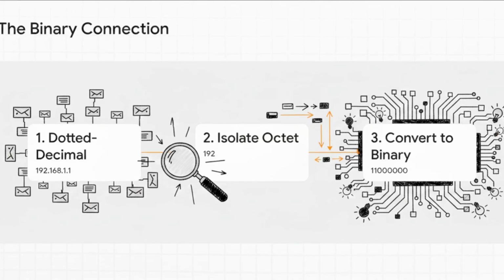So this is really the core of the translation right here. We, the humans, see the easy-to-read dotted decimal version, 192.168.1.1. But when a computer isolates just one of those numbers, let's take 192, it sees something totally different. For a machine, 192 is just that pattern of ones and zeros you see, 11000000. It's like they're speaking a completely different language.